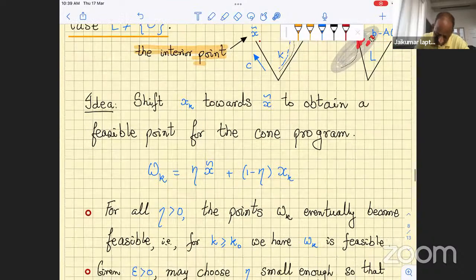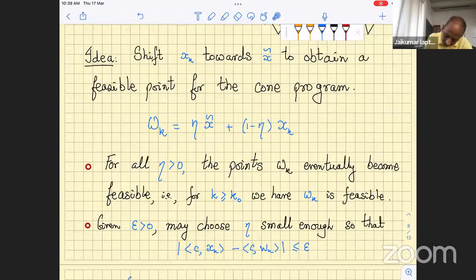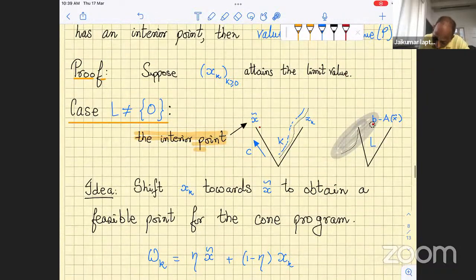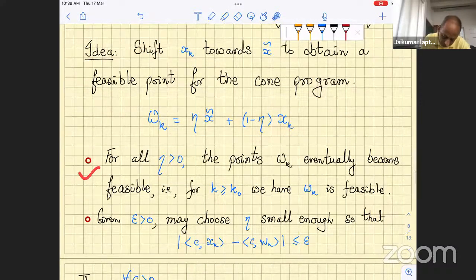So that is the first point. You can choose your eta initially as small as you wish, a positive number. Then if you walk along this line and construct these blue points and look at where their images fall, their images eventually will fall inside L. That is point number one.